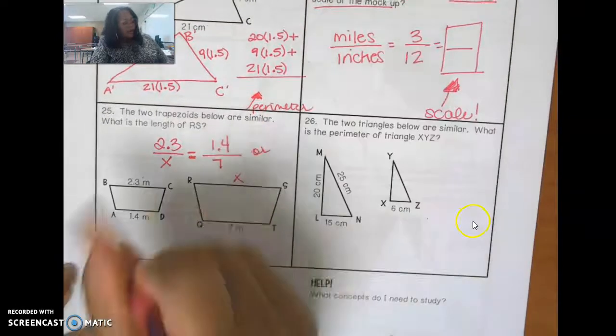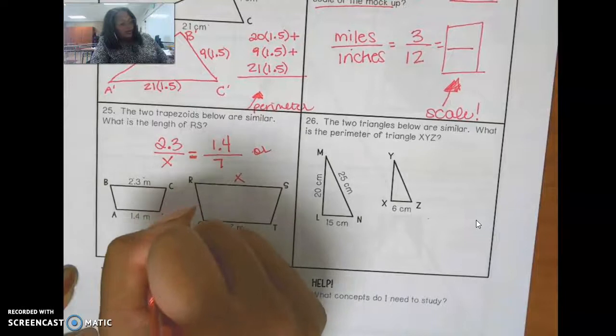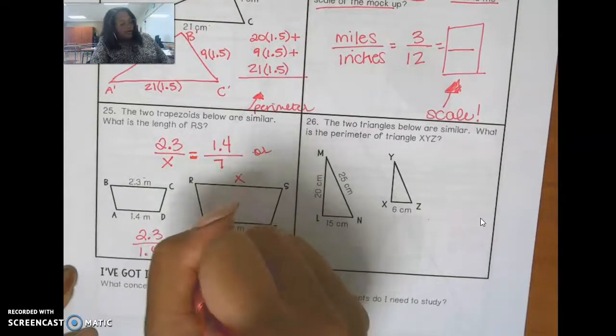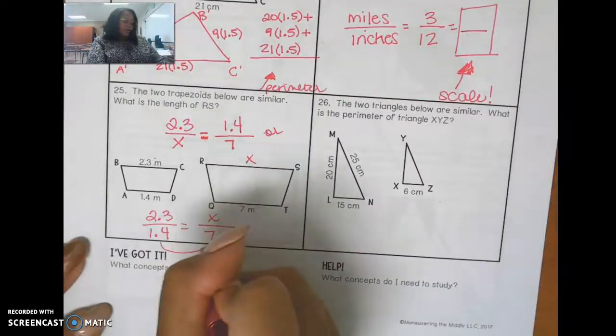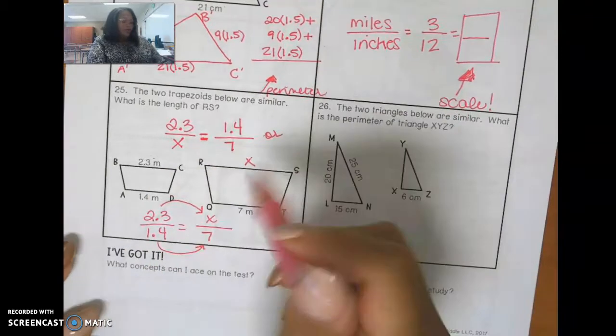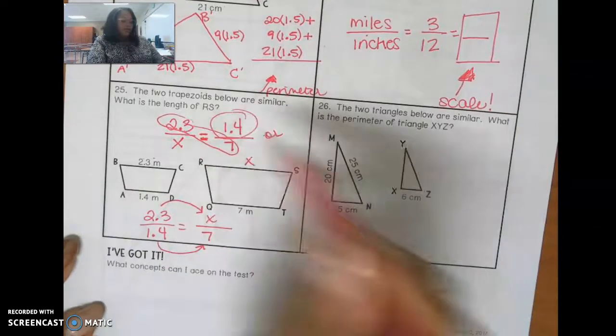Or I could do 2.3 is to 1.4 and x is to 7. So find out what I have to multiply from here to here and then do the same from here to here. Or you can cross multiply and divide.